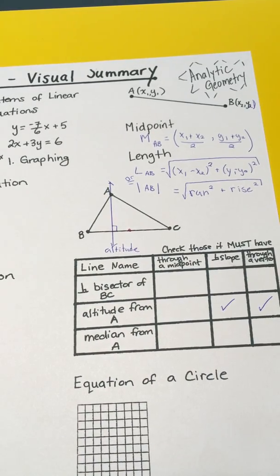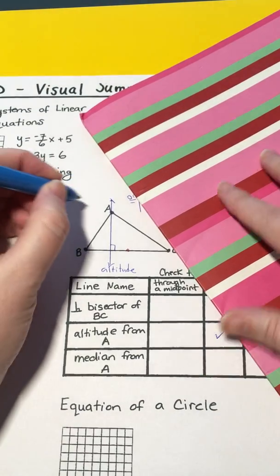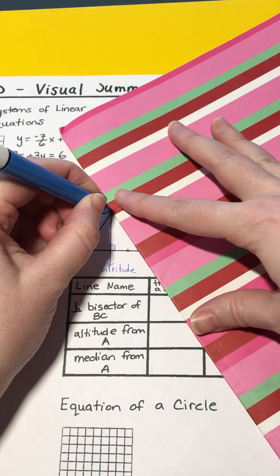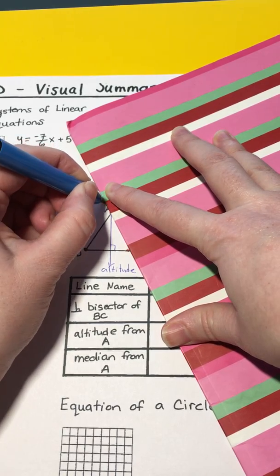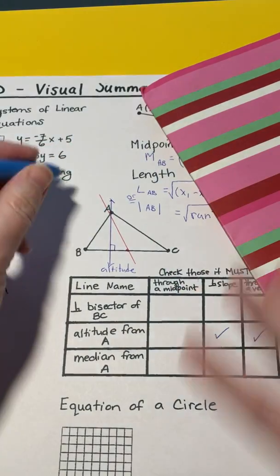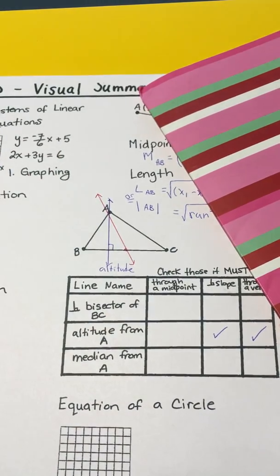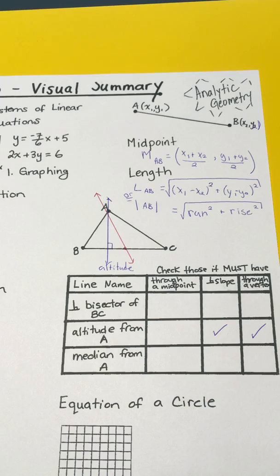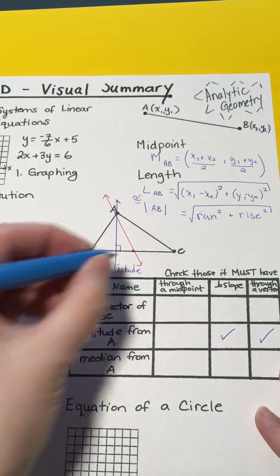Okay, so our median is going to go through our vertex A and the median of the side on the opposite side of the triangle from our vertex that we're working with. So that is our median.